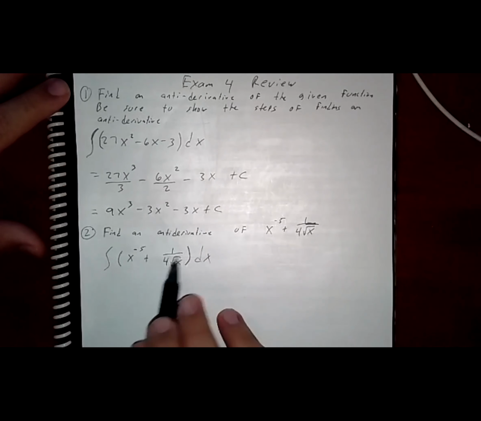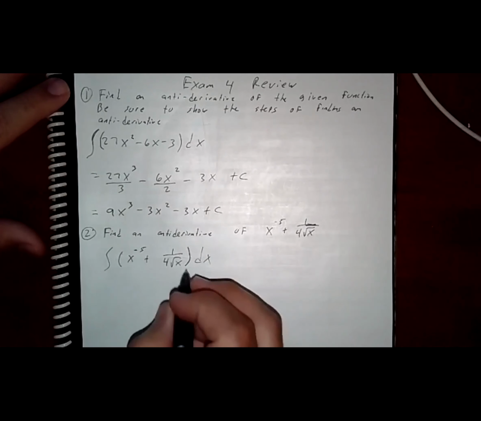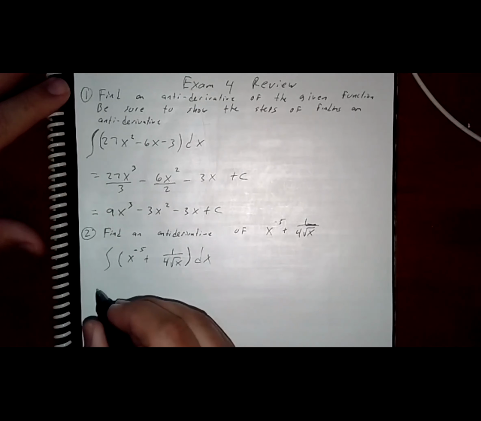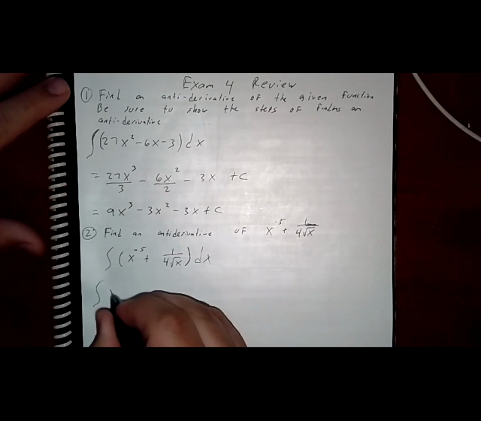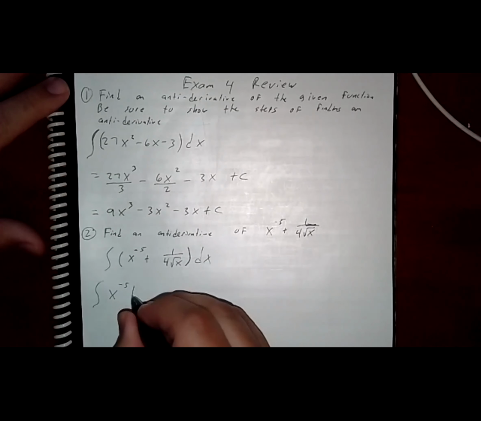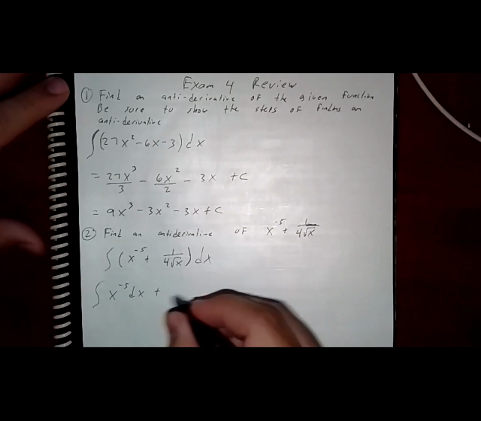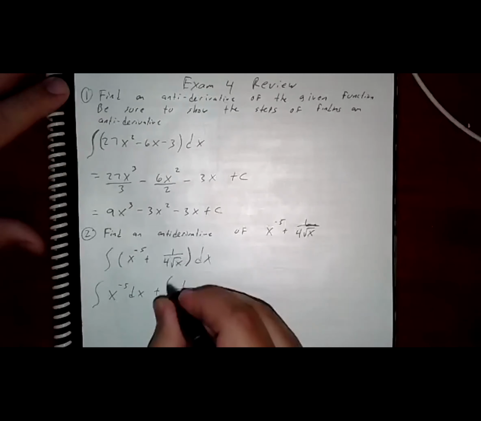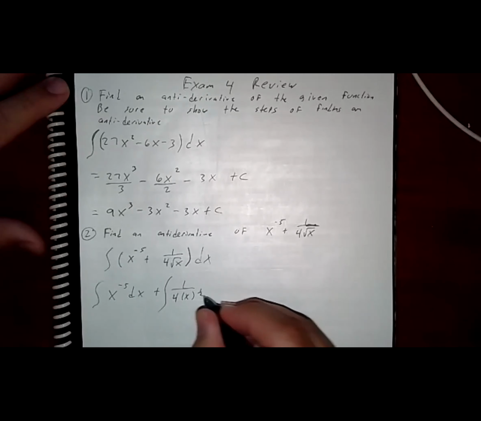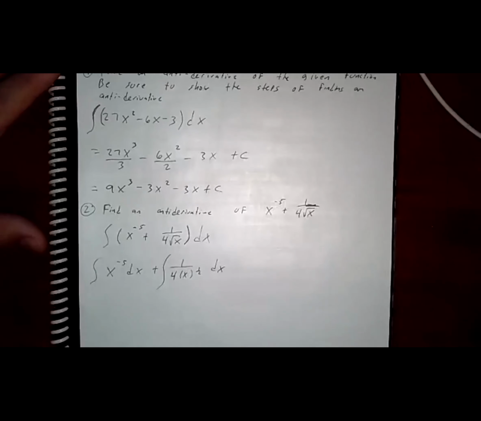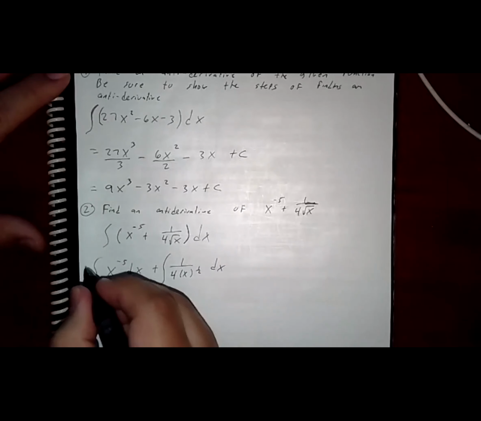So I'm going to rewrite this guy as a square root. First, let's separate the integrals and do 2 separate ones. That way it's a little easier for you to see. And change this to an x to the 1/2, right? We'll integrate in just a moment.